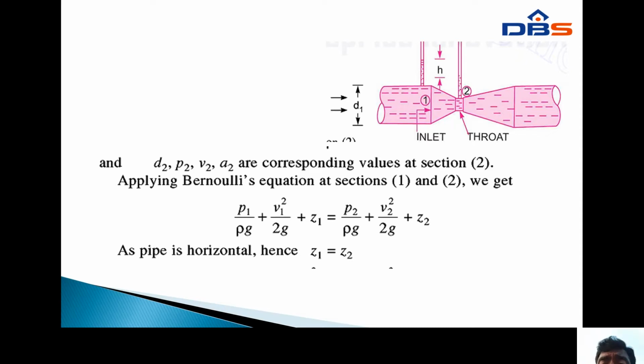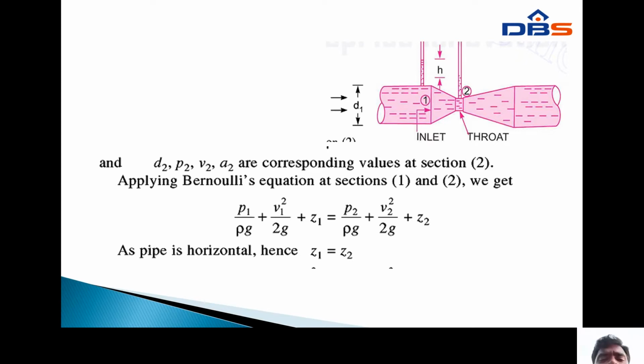In this figure, the Venturi meter is connected in a horizontal position. D2, P2, V2, A2 are the corresponding values at section 2. D2 means the diameter of section 2, the throat. P2 means pressure at section 2, V2 means velocity at section 2, and A2 means area at section 2.